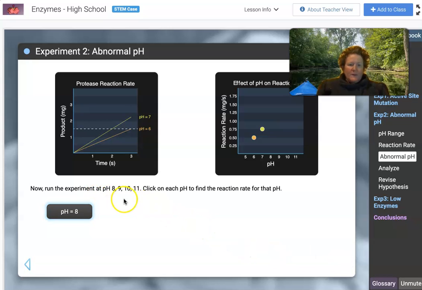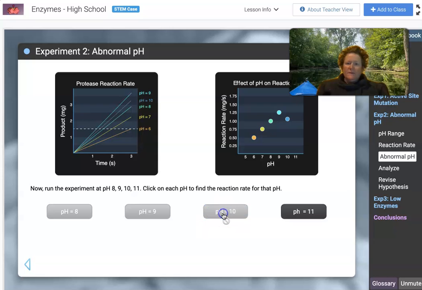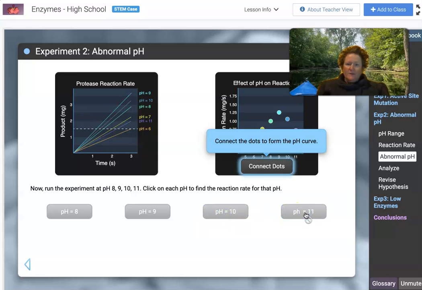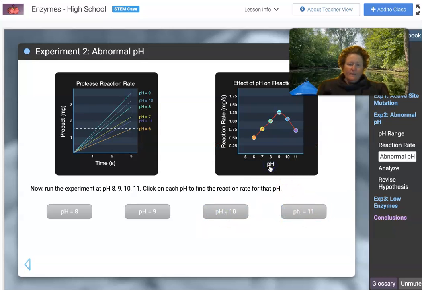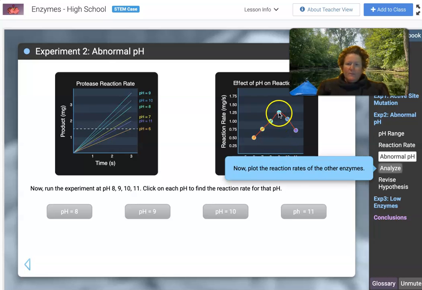Now run the experiment at pH 8, 9, 10, 11 and check the pH to find the reaction rate for that pH. So we're basically checking where the sweet spot is for this enzyme for pH. So it looks like the best reaction rate is here at 9.